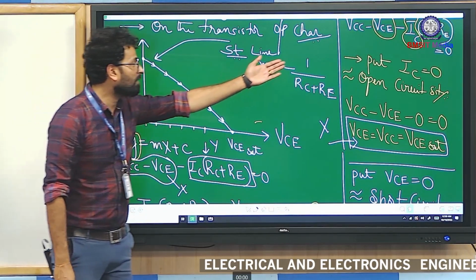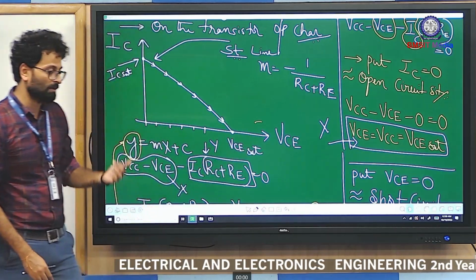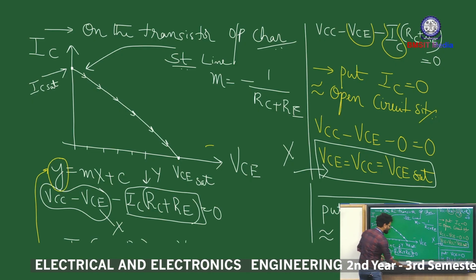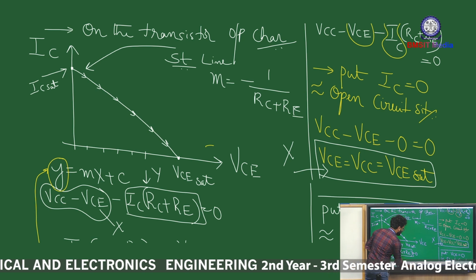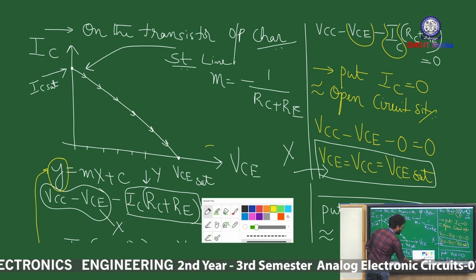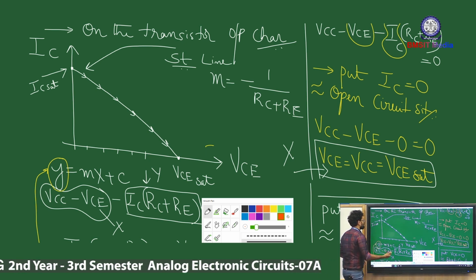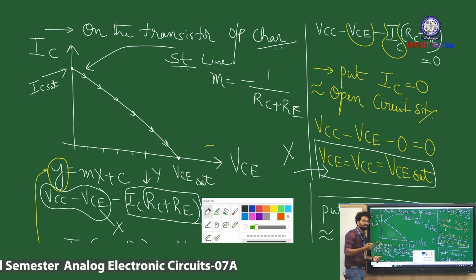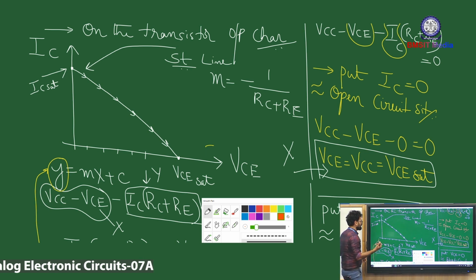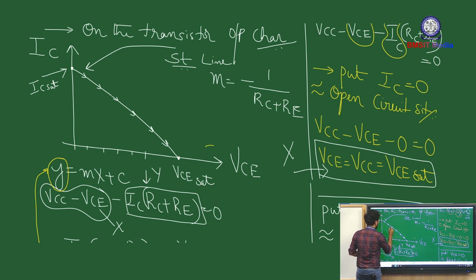You have found IBQ and ICQ as well as VCEQ, so you can locate those values on the load line. For example, in your KVL you have found ICQ, say it is somewhere over here, and corresponding to this point you have VCEQ.